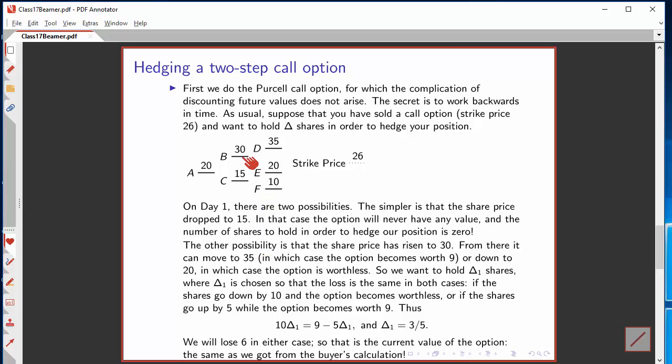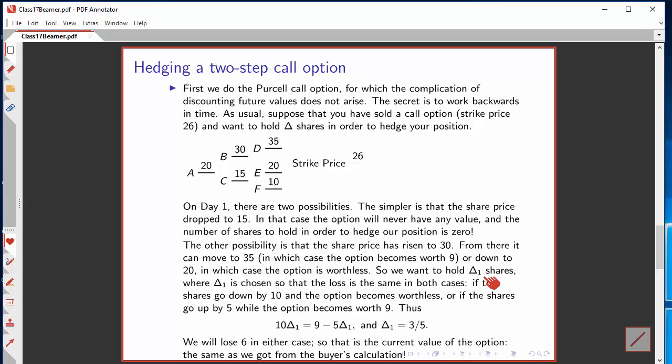The other more interesting possibility is the one where the share price has gone up to 30. That means it can do one of two things on commencement day. Either it can go up to 35, in which case the option will be worth 35 minus 26 or 9, or it can go down to 20, in which case the option will become worthless.